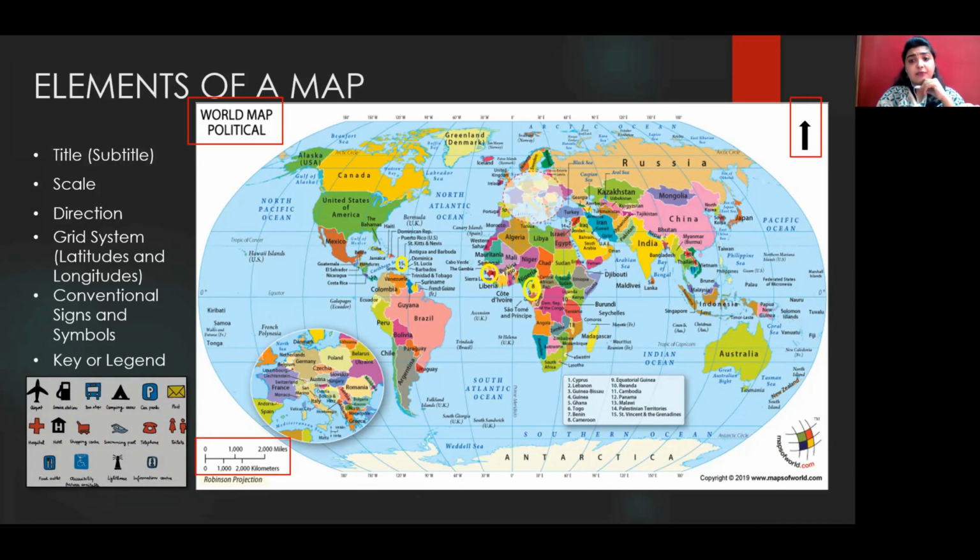The next thing that comes in is conventional signs and symbols. Now conventional signs and symbols are used when you have to depict information in the map, but you don't have enough space. Now the map, if you look at the earth's surface, is so huge. Now all that has to be put into, say, an A4 size paper.